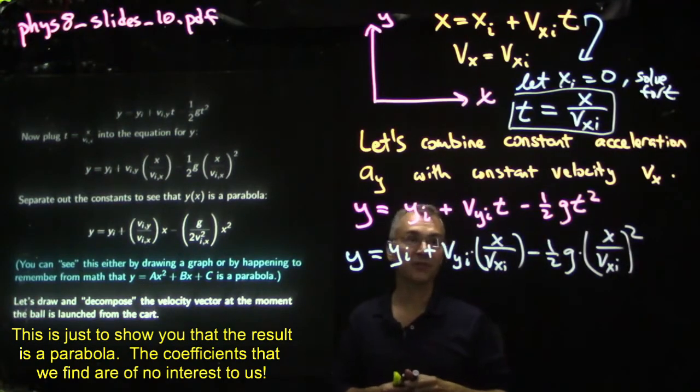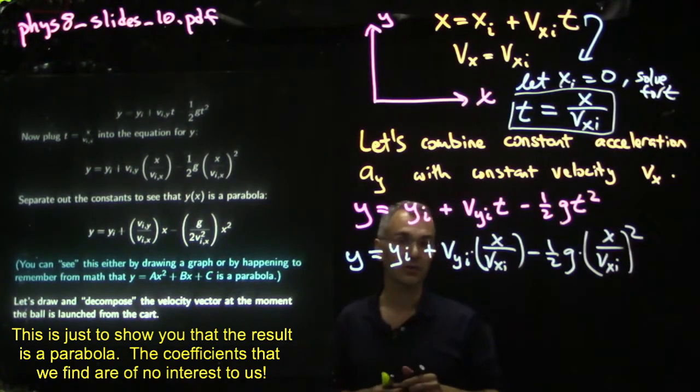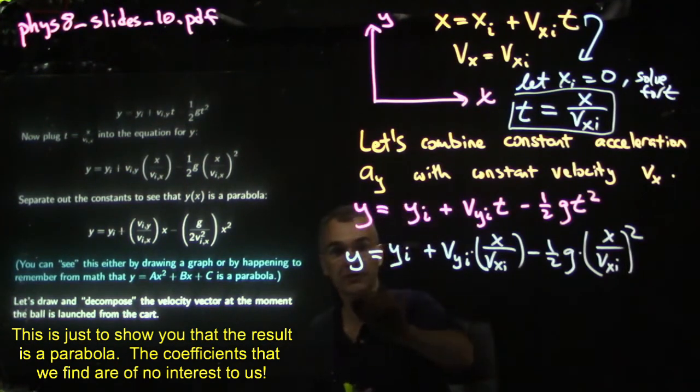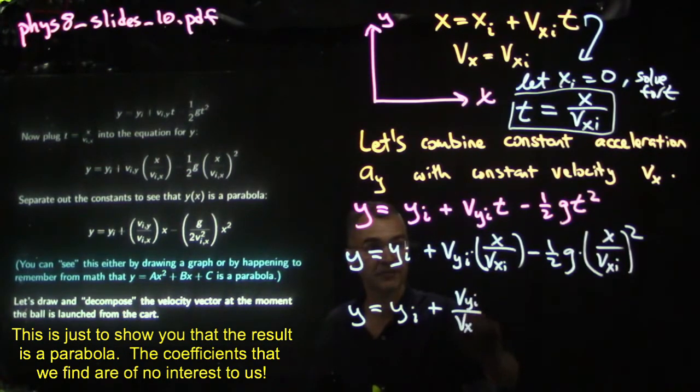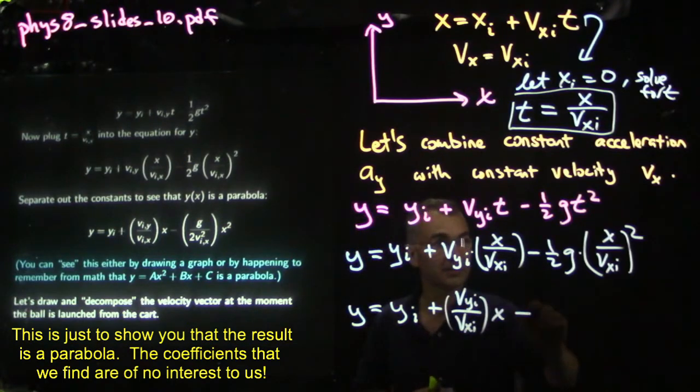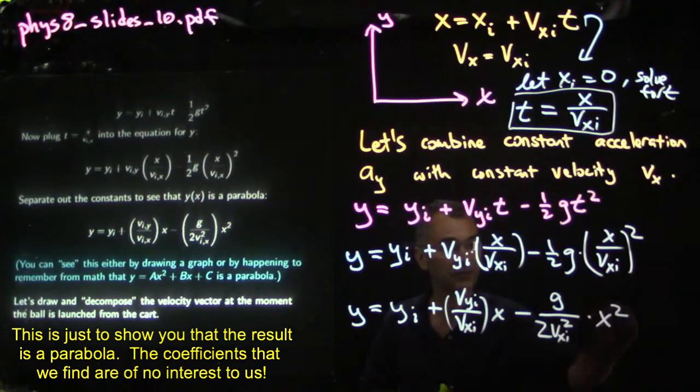And we can rewrite this so that it's a little more obvious where the x and x squareds appear. So we can say y is y initial plus vy initial divided by vx initial times x, and then minus g over 2vx initial squared times x squared.